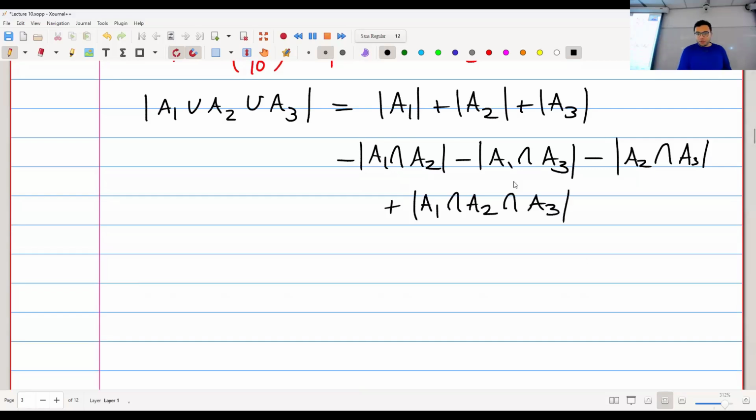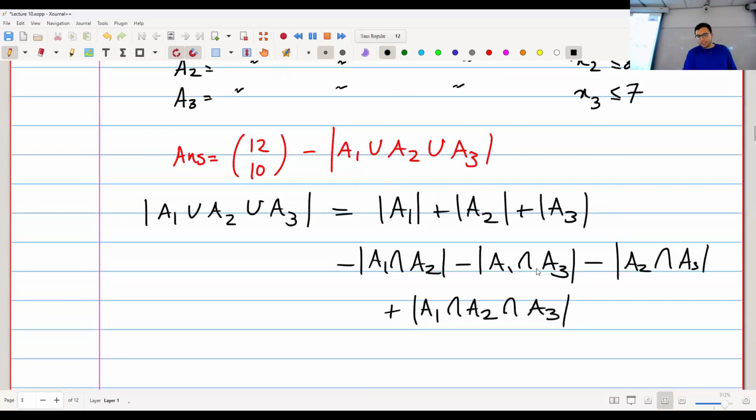So now I have to go and find each one of these 7 terms. As usual, because I'm very lazy, I'm going to just do some of them.